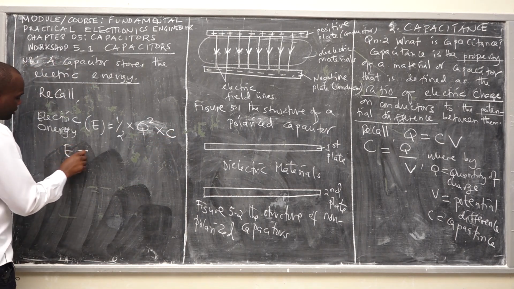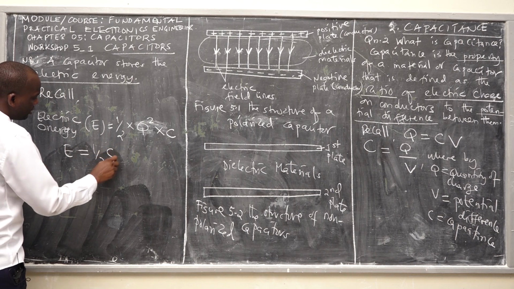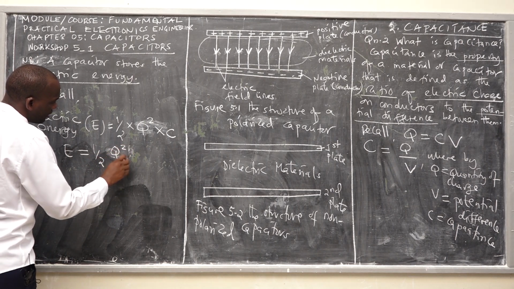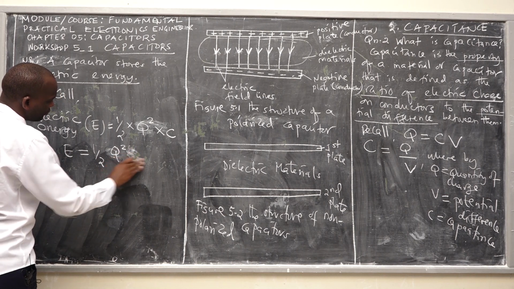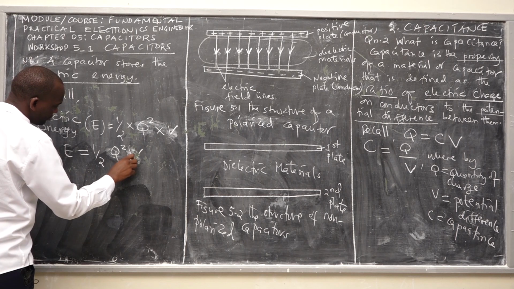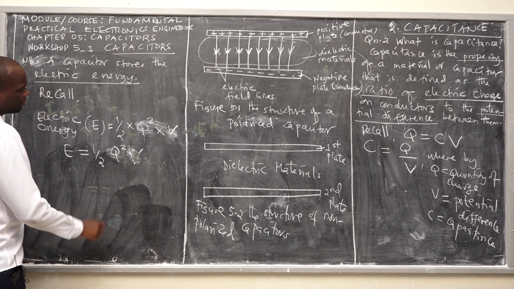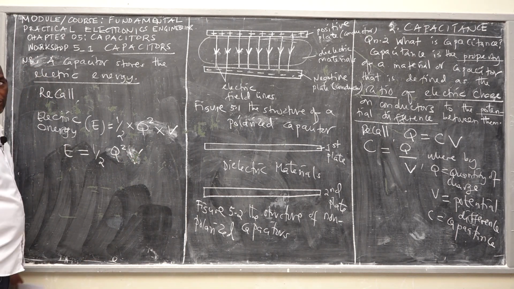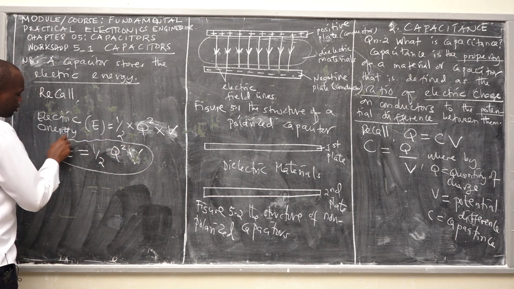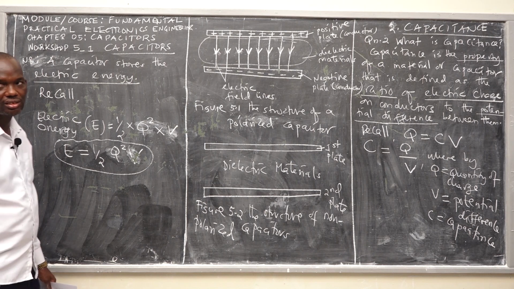So the electric energy is a half Q square over C. Sorry, this is the formula of the electric energy stored in the capacitor.